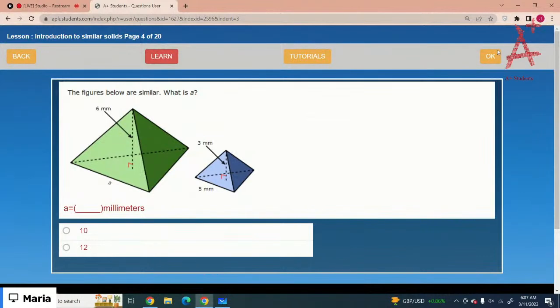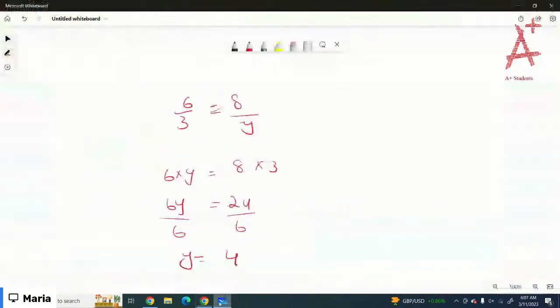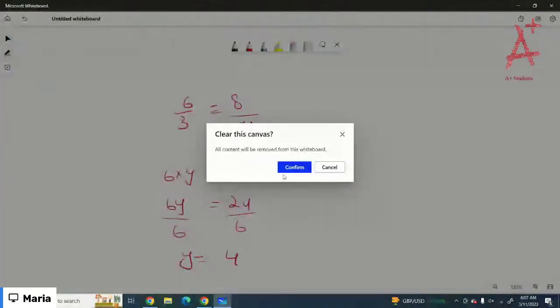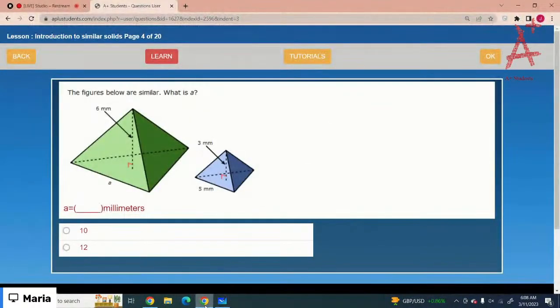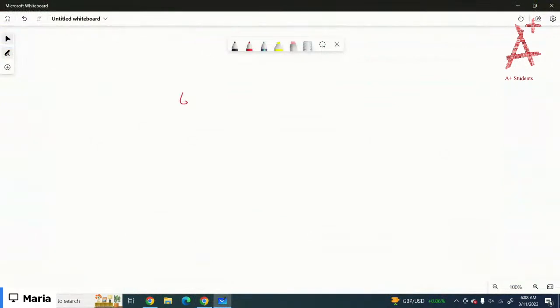Okay, the figures below are similar. What is A? So it is 6 divided by 3 and A divided by 5. So just do cross multiplication. 6 times 5 equals 3 times A. 6 times 5 is 30. 30 equals 3A.